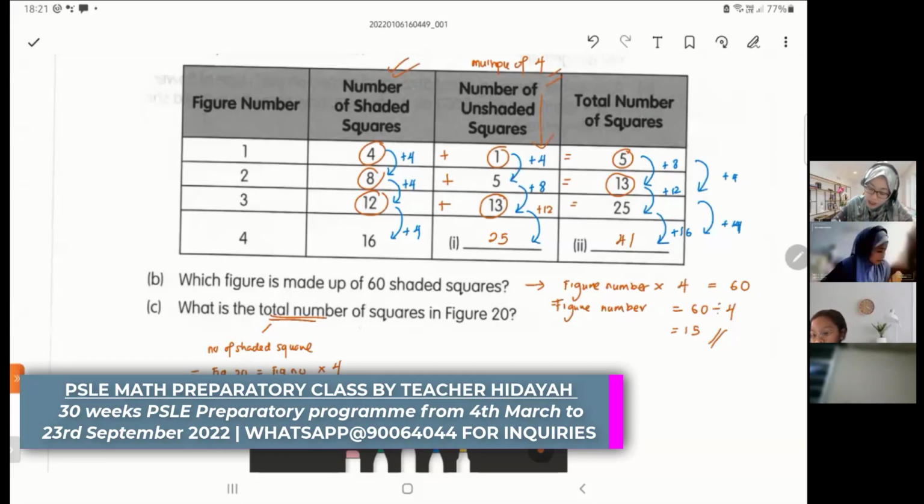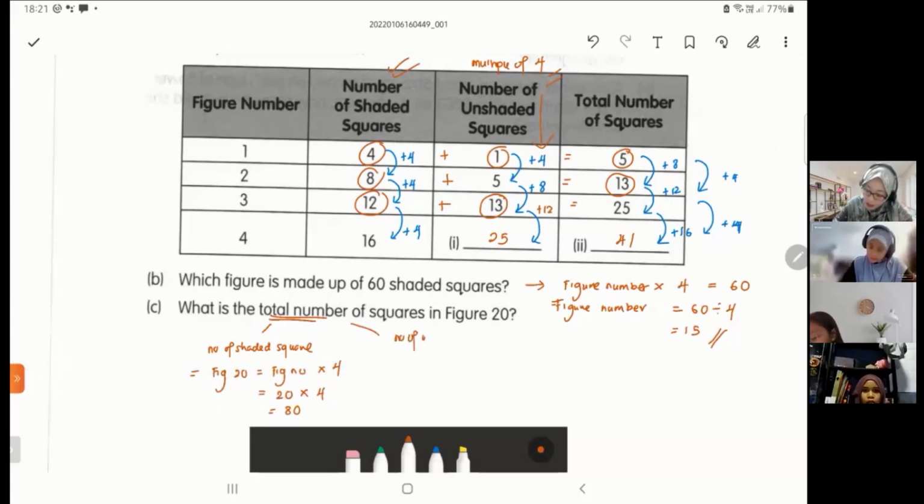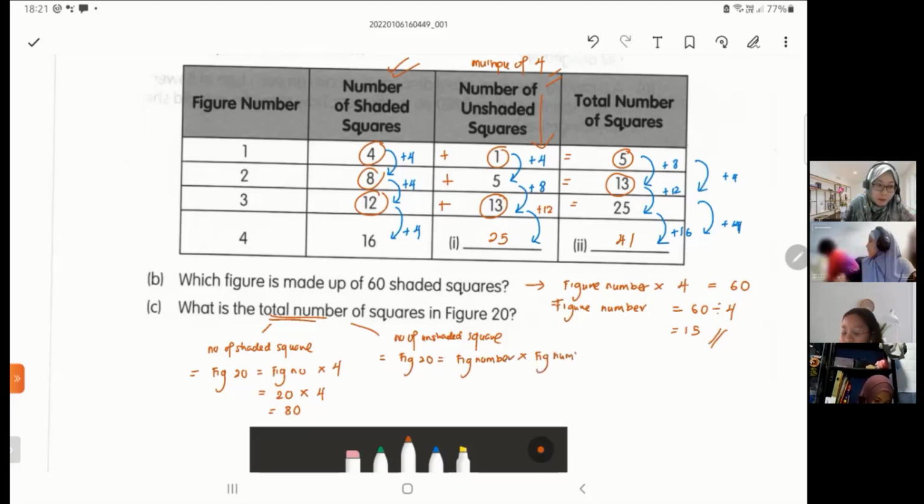Okay, so now the number of unshaded squares for figure number 20 equals to the figure number times the figure number, plus figure number minus 1 times figure number minus 1. Okay, this and this is actually squared also. So figure number squared.